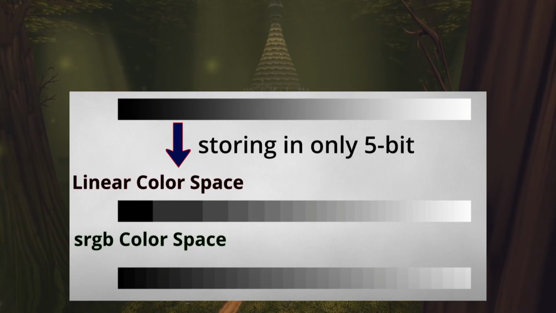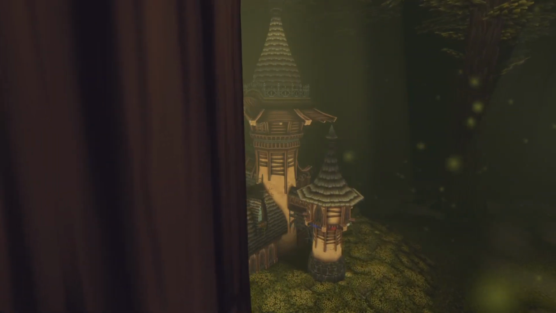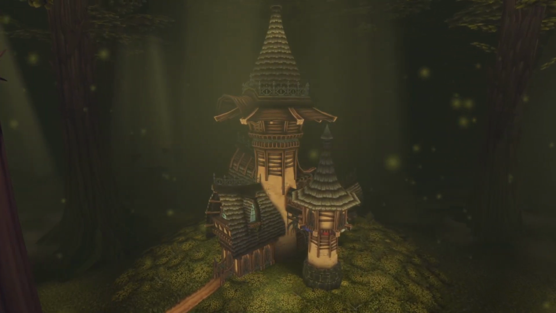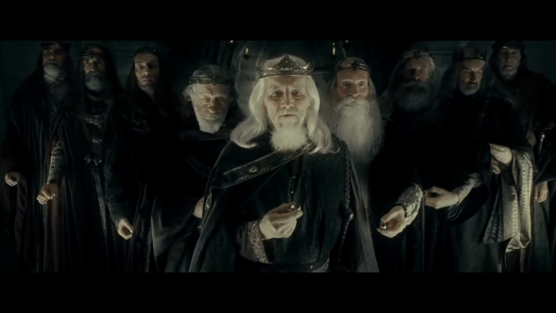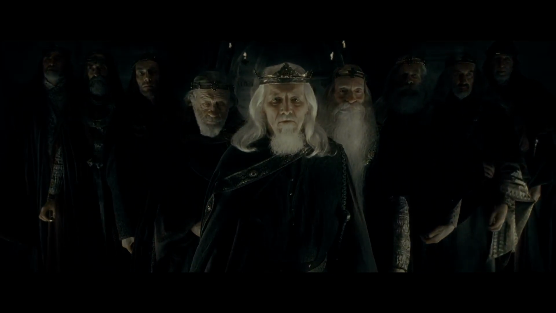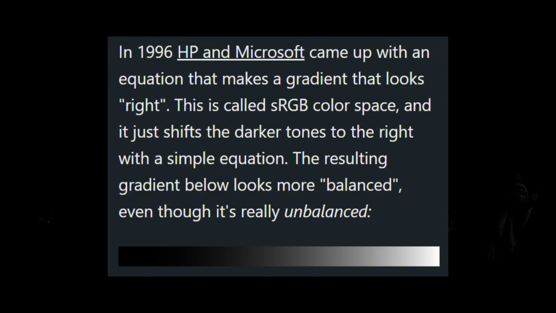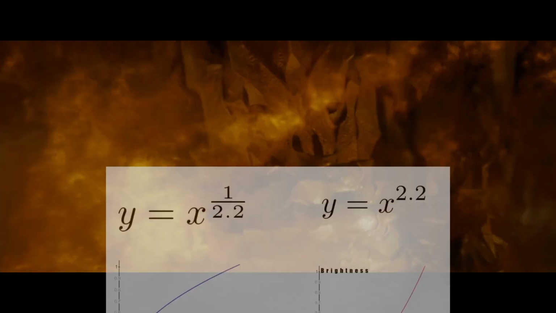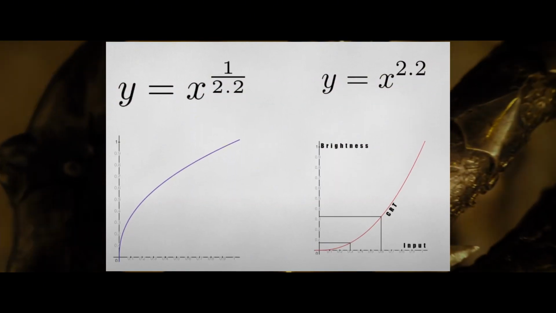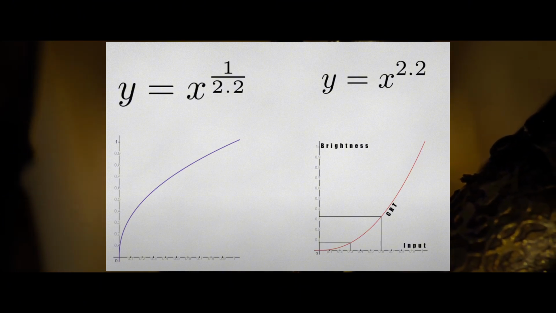All of this white information is lost on us because our eyes cannot distinguish these bright values as effectively as dark values. So, the wise ancients of HP and Microsoft gathered around in the forgotten era of 1996 and decided they shall uncrush the blacks, and thus came the equation to rule them all, and in the darkness bind them.